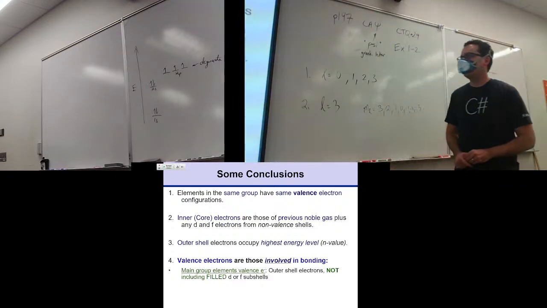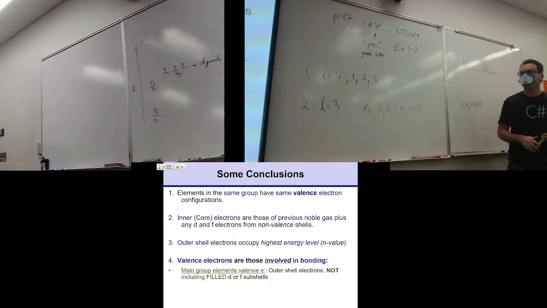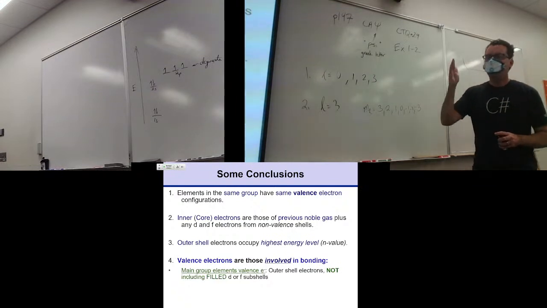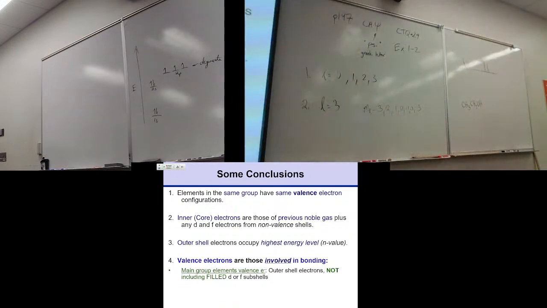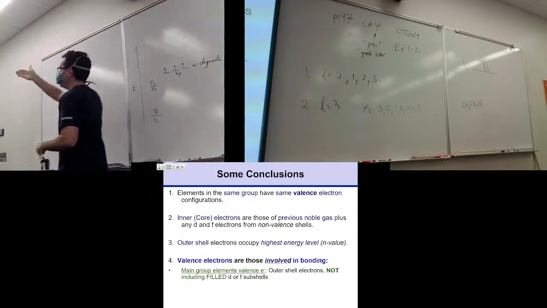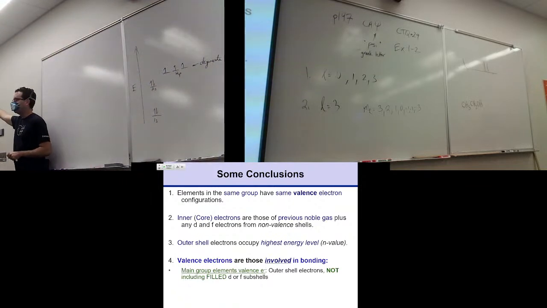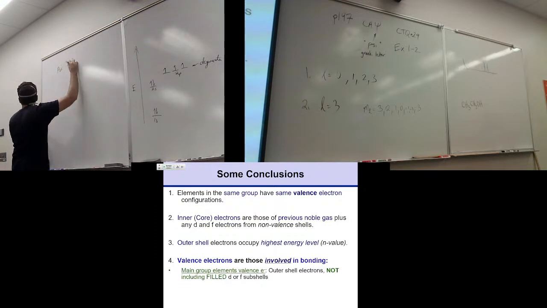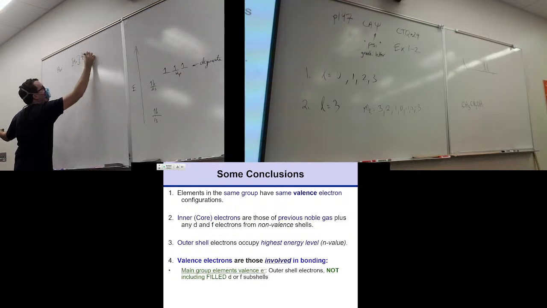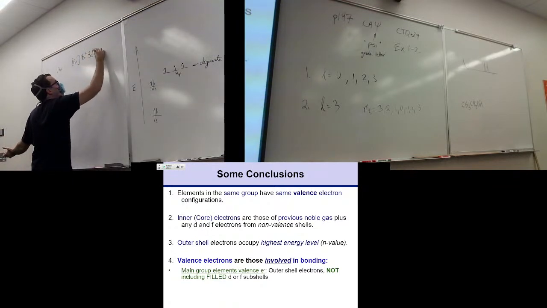Now, there is a distinction when we're talking about valence electrons, whether we're talking about a main group element or a transition metal. If you're talking about a main group element, the valence electrons are only the s and the p electrons. I just mentioned arsenic, number 33. The electron configuration for arsenic would be argon core, and then 4s2, then 3d10, then 4p3.